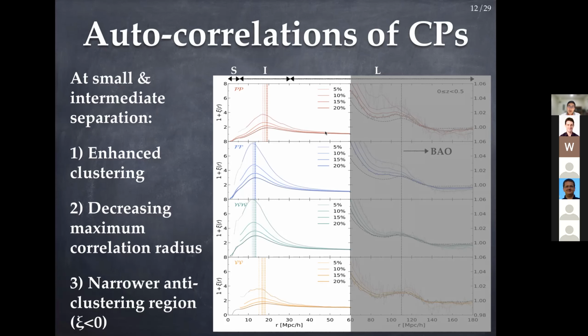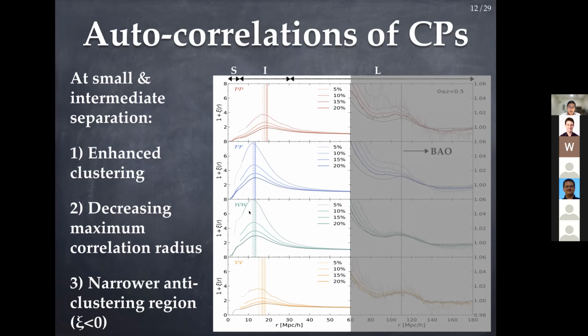Here, the linear bias is proportional to the square of the height of the critical points, and this height is higher for rarer critical points. So in the end, rarer critical points are more biased tracers of the density field, which is reflecting the well-known effect of biased tracers being more clustered.